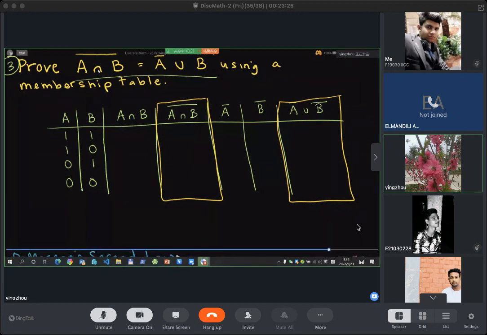So it is just the membership table, not the truth table.